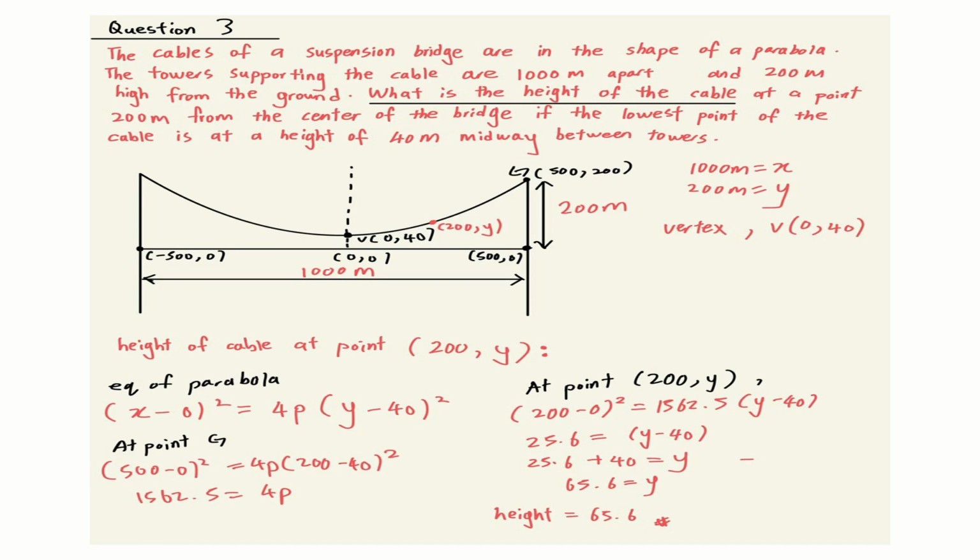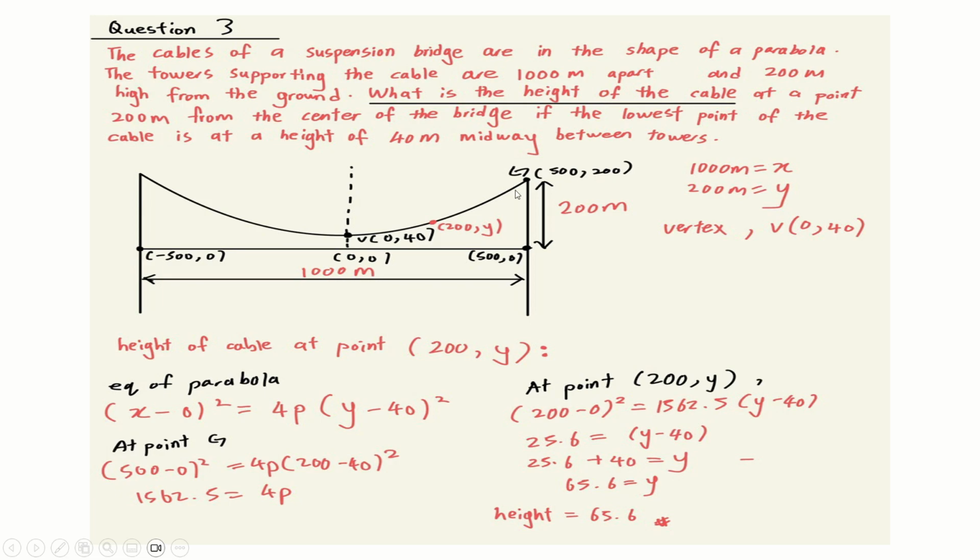So we simply substitute h and k into the equation of the parabola, and then we get (x minus 0) squared equals 4p (y minus 40).